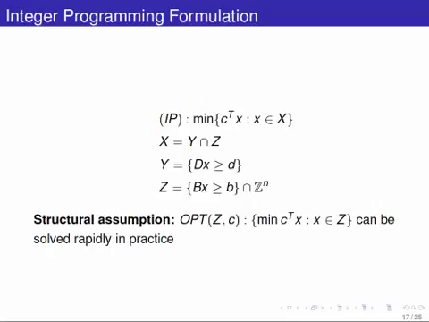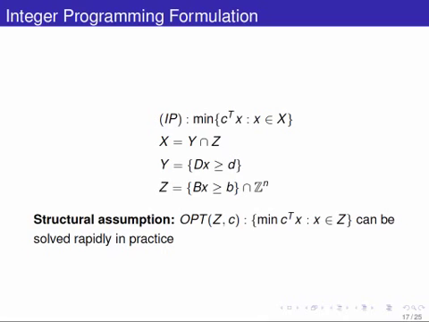So the crucial assumption in what you're going to see in the next couple of slides is that this problem would have been easy if I didn't have this constraint set here. So if I was just minimizing C transpose X with respect to X in capital Z, that would have been an easy problem. We can now exploit that idea, take advantage of it, using Dantzig-Wolfe.